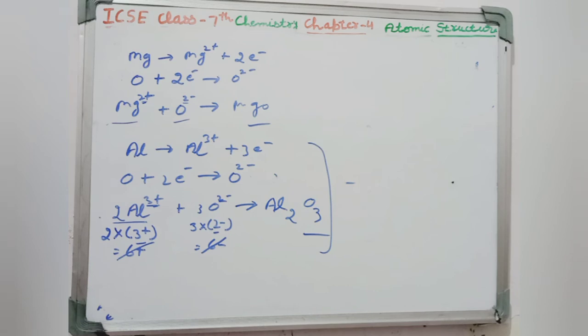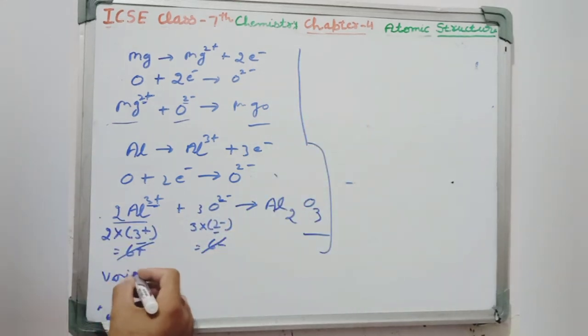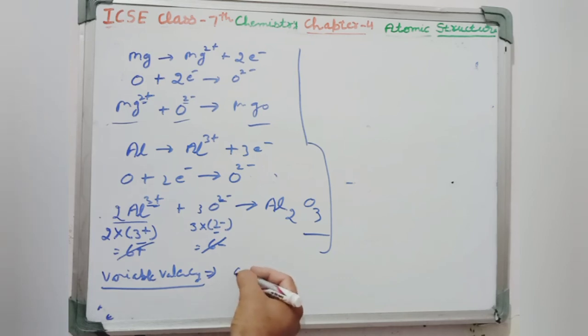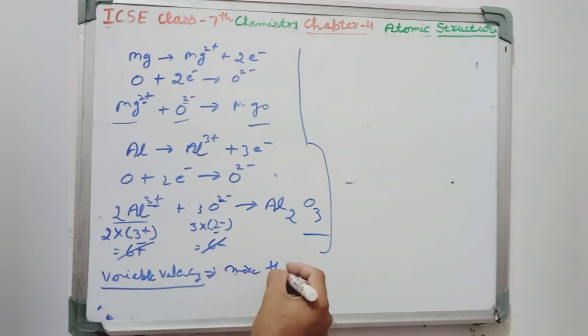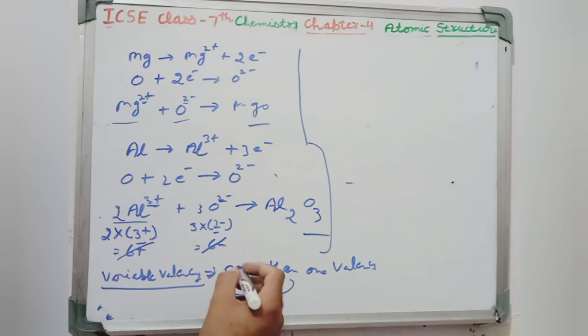Now one more term is here, variable valency. If any element shows more than one valency, it is called variable valency. So what does it mean?